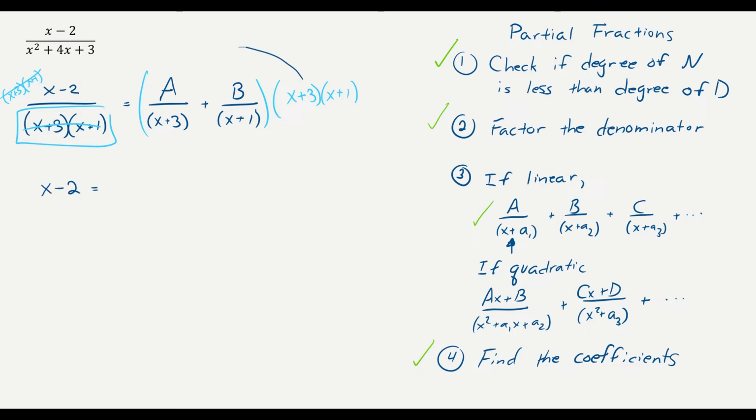On this side, when this distributes to this one, notice how the x plus 3's cancel out, leaving me a times x plus 1. But once I distribute this to the b, this time it's the turn for x plus 1 to cancel, giving me b times x plus 3.